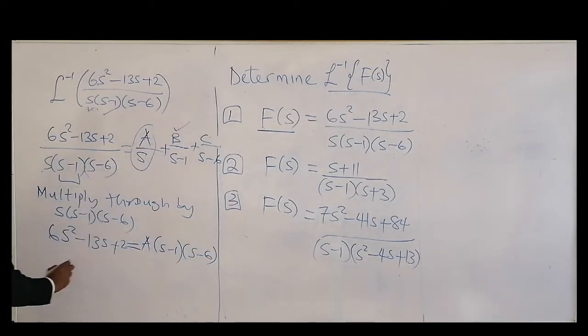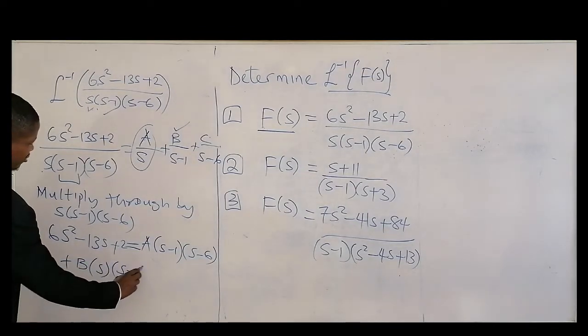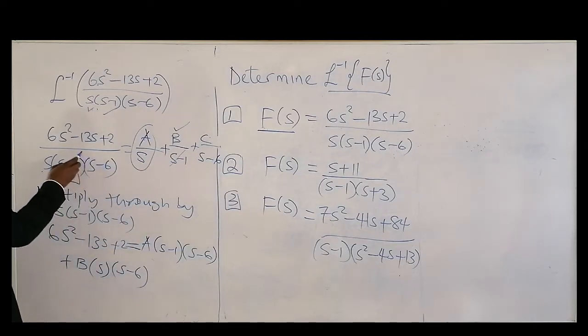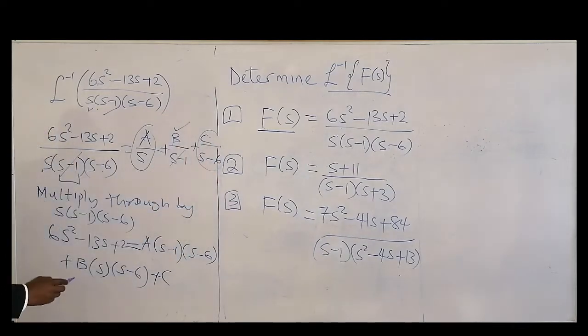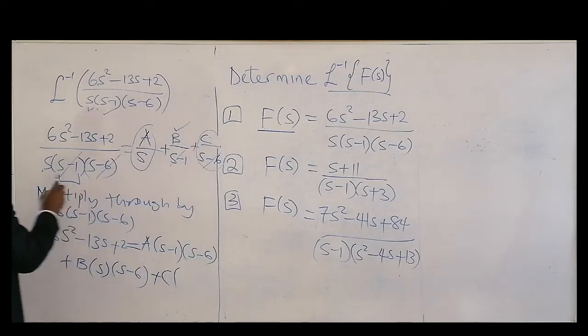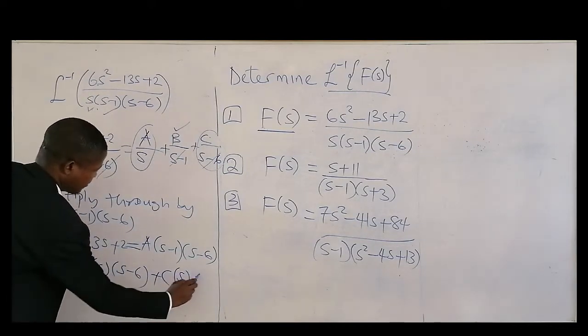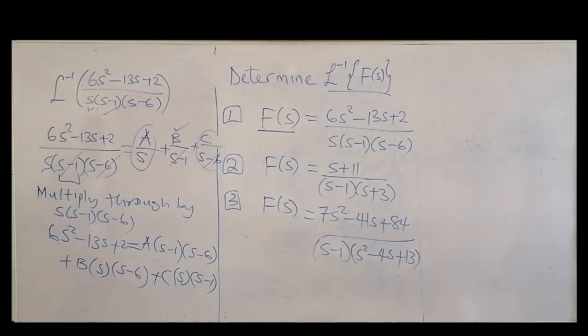Then plus b into this times x minus 6, because this and this will cancel. Then the third one, this one also times the common factor, and this and this will cancel. Then we have this expression.